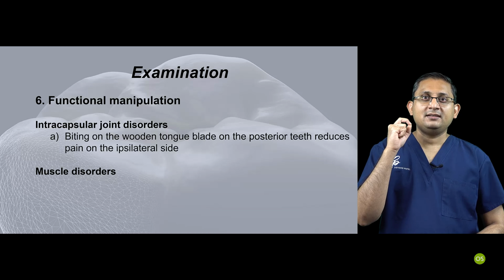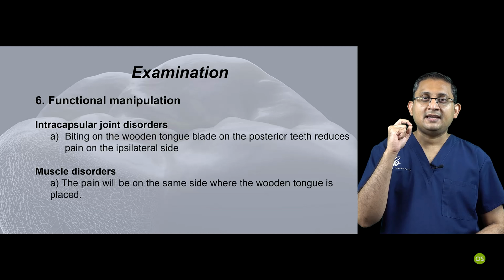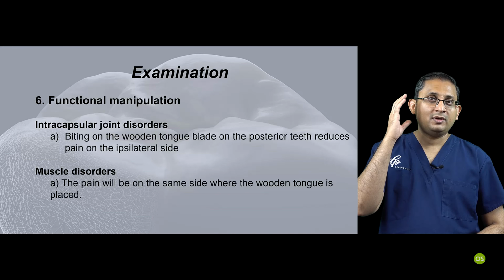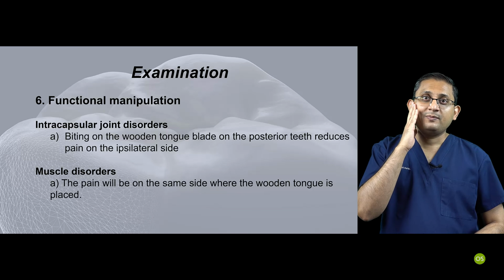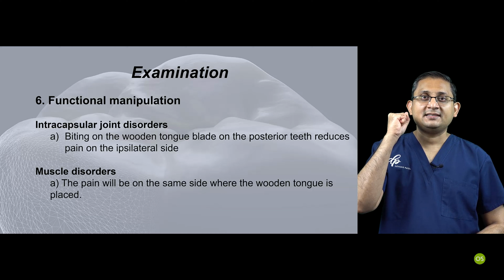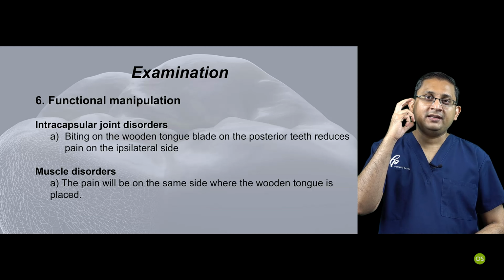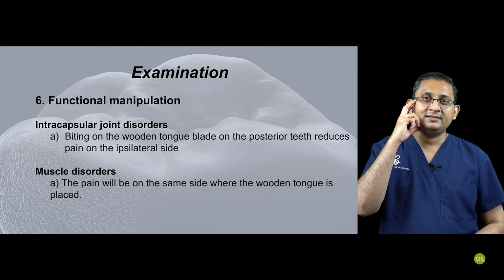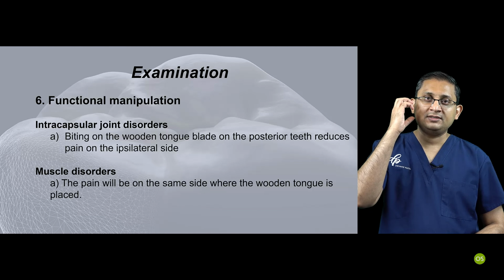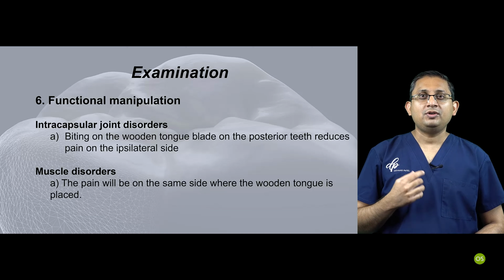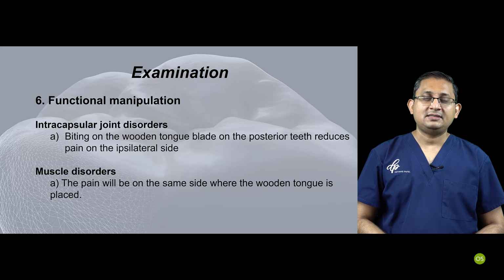If the pain is getting worse, then it's pain coming from muscles, because muscles are acting on that side. Whereas if the pain is relieved, then it's coming from the jaw joint, because the jaw joint is distracted, which relieves the pressure in the joint and relieves the pain. So you need to understand the concept of this, and it's a very important diagnostic tool you have there.